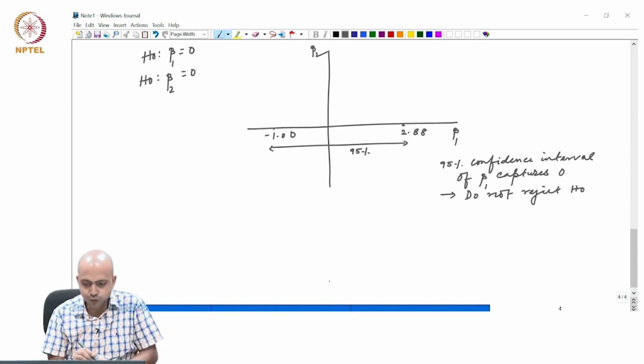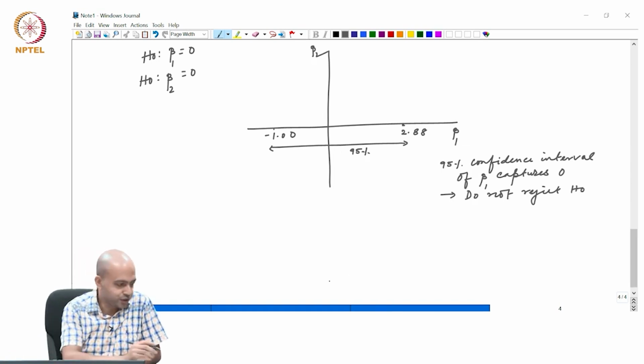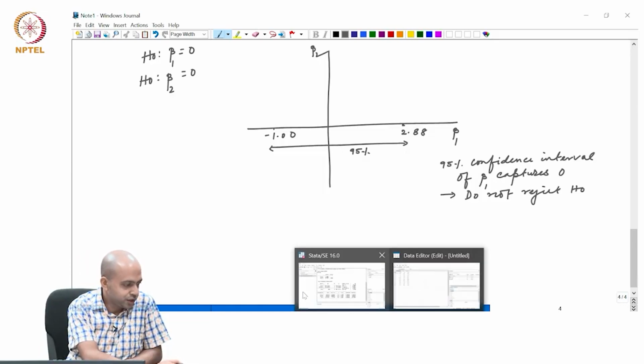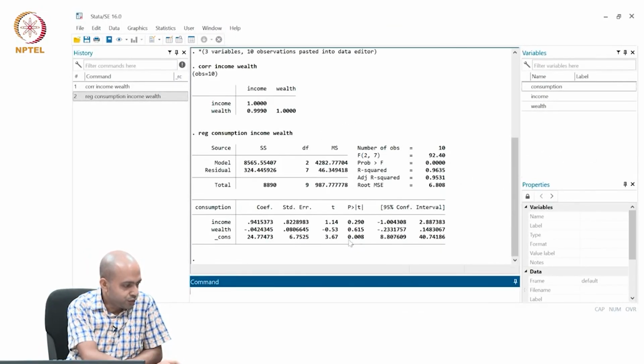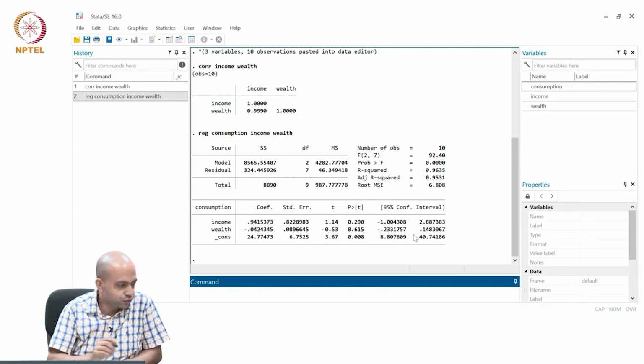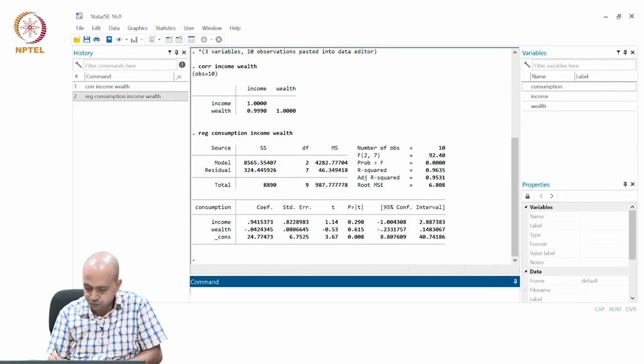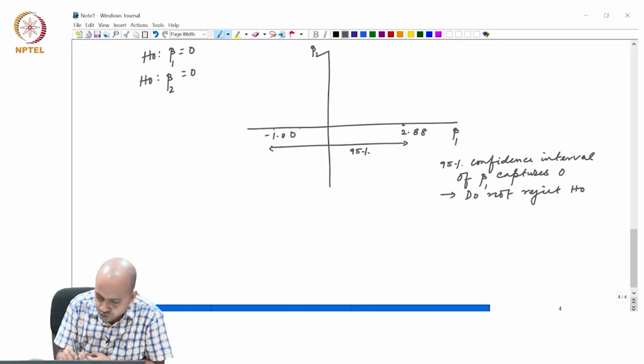Similarly, if you look at the 95% confidence interval for beta 2, look at the wealth, this is minus 0.23 to 0.14.